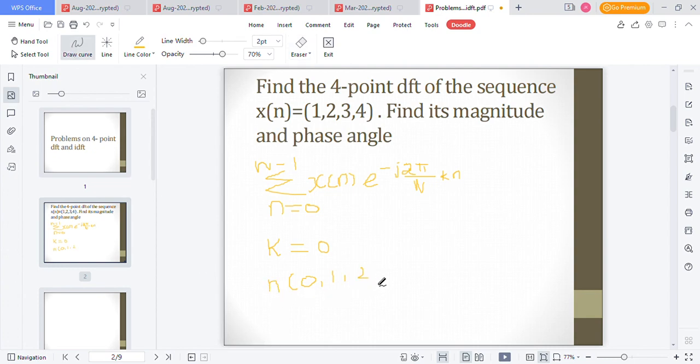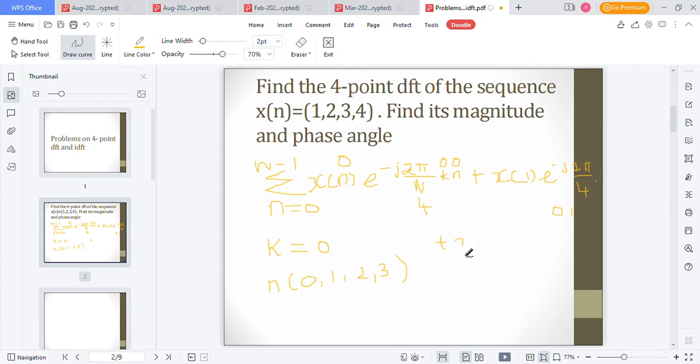So first you substitute n equal to 0, where N is 4, and here it is 0 and 0. Then plus, once again you substitute n equal to 1, and this e to the power of minus j 2 pi by 4 into kn. What is your k? Your k is 0 and n is 1.